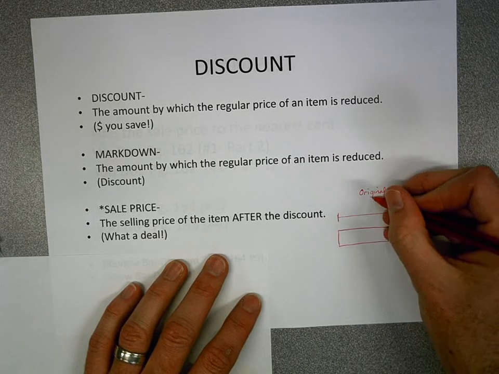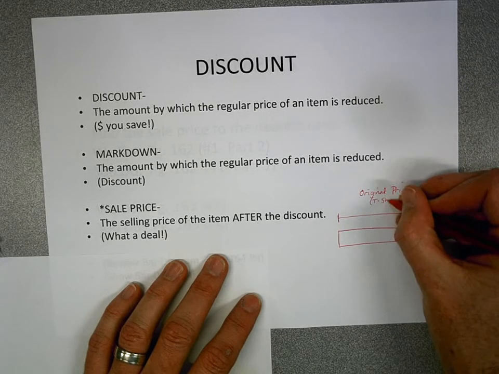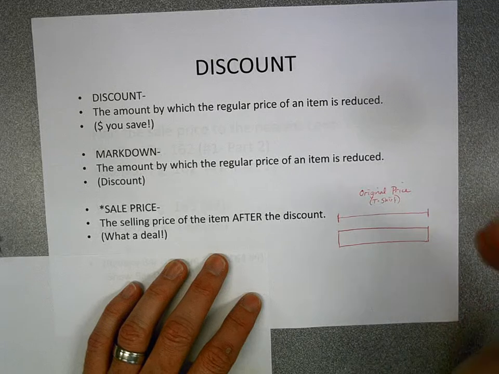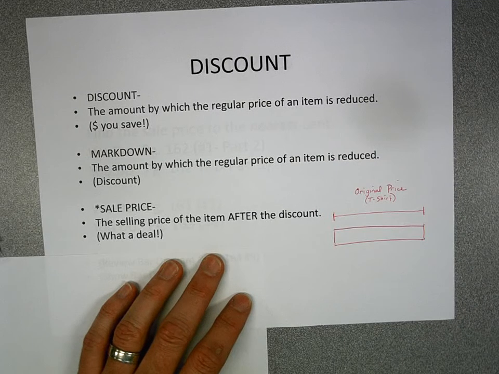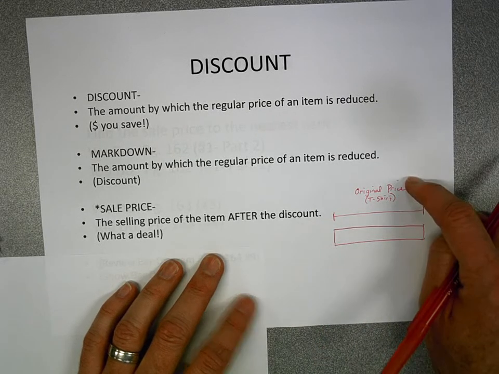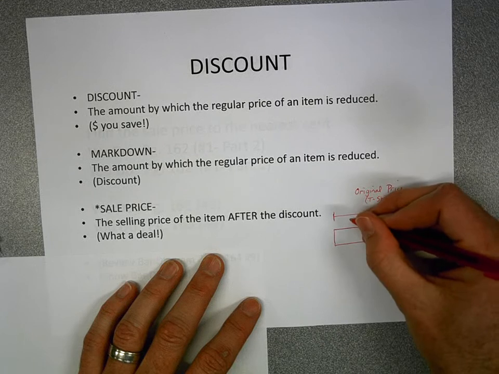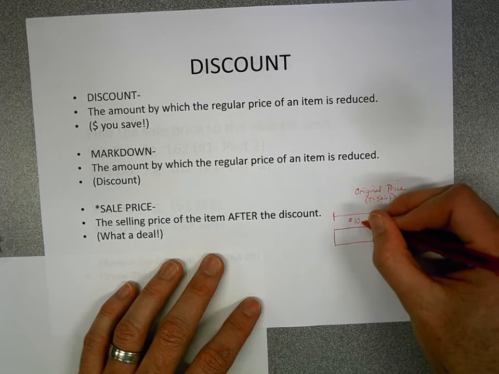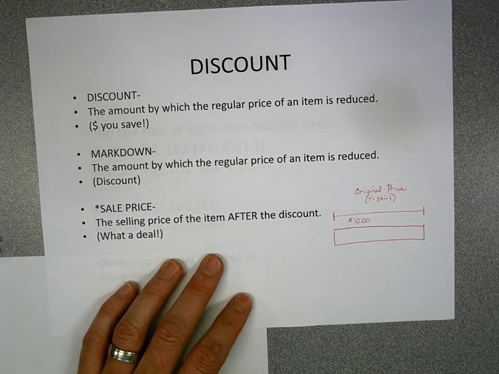I'll even put it down here in parentheses, just because this is a little imaginary story, like an example problem. And that t-shirt, this whole price, which is the original price of this shirt, we're going to say is $10. It's $10.